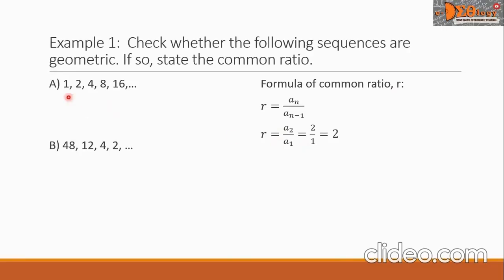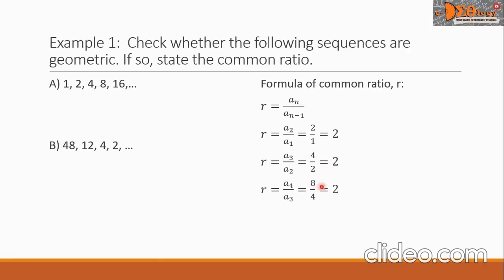Let's take another pair. Let's say a sub 3 over a sub 2. And this is 4 over 2, which is also equal to 2. Let us take another pair, a sub 4 over a sub 3.